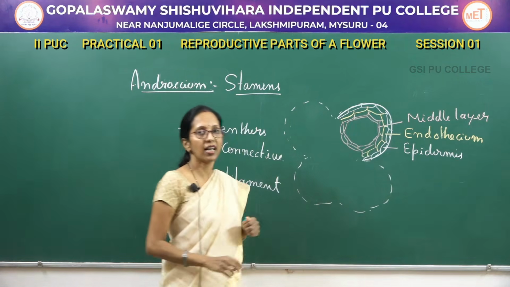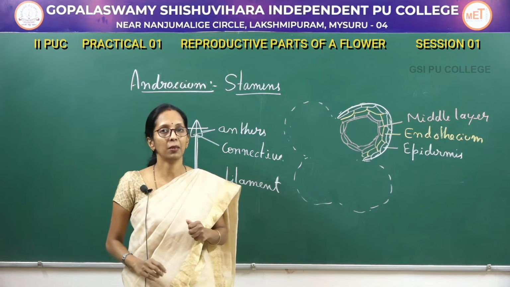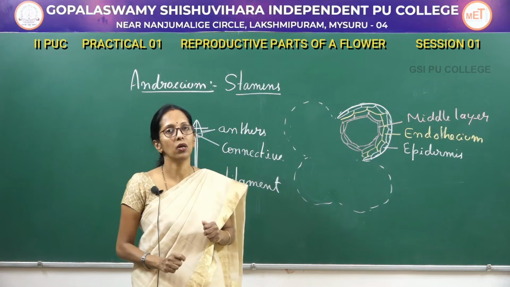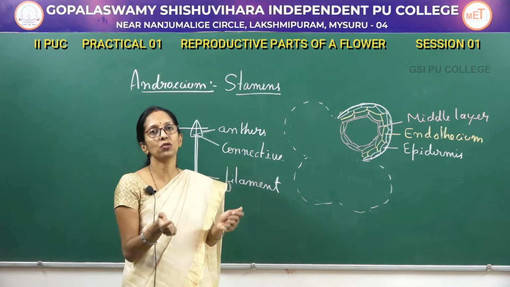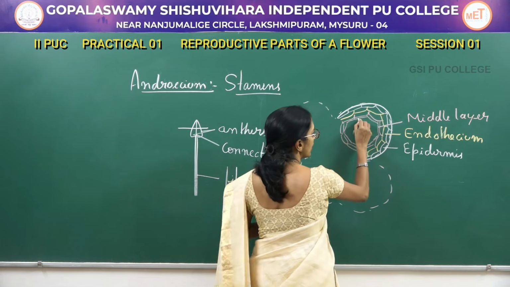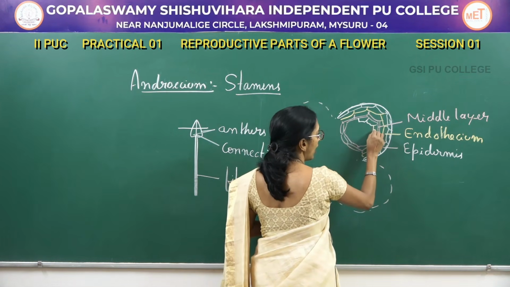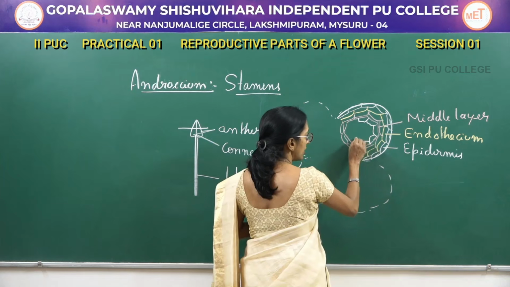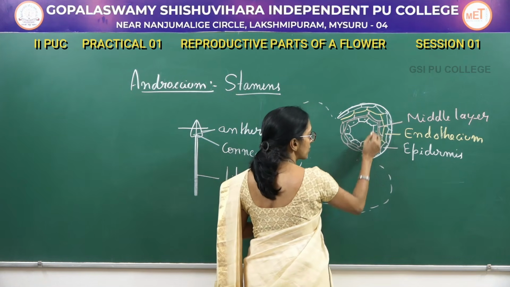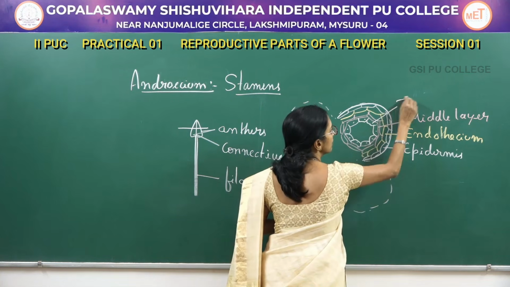These three together give protection, and they also help in dehiscence of pollen grains. The innermost layer is very important, and it is said to be the tapetum. This is the tapetum.